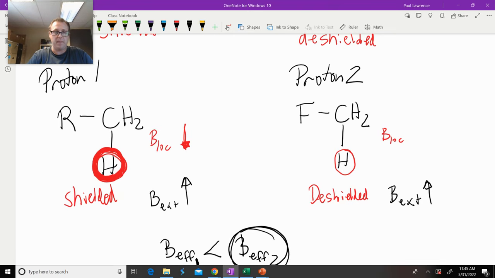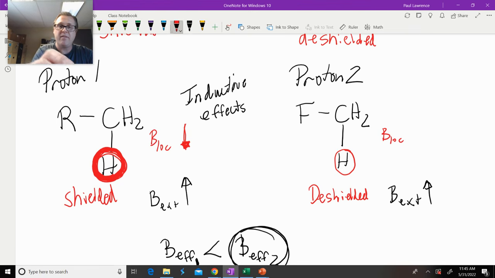Now, I just told you that proton 1 is more shielded. But why is proton 2 deshielded? Well, it has to come back to this concept of inductive effects. Inductive effects.